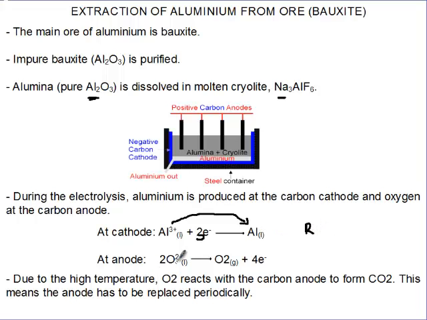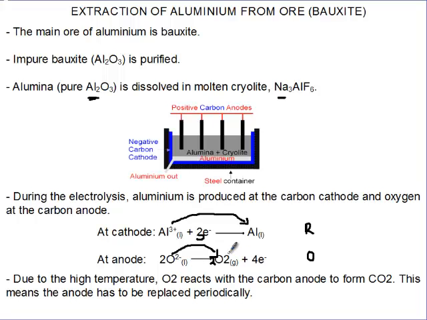At the anode, we have O2- changing to O2. This O2 is 0. Oxygen 2 minus is changing to oxygen. What this means is that oxidation is taking place because you are moving from -2 to 0.